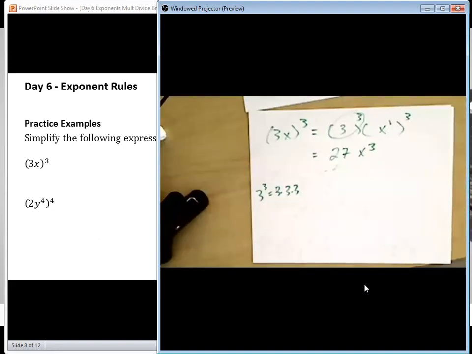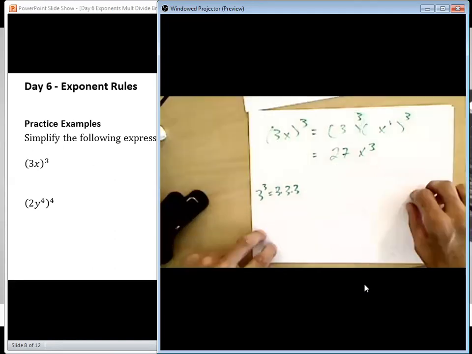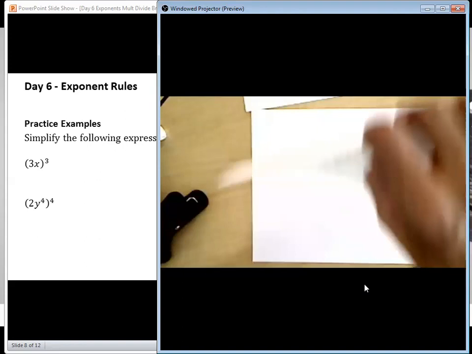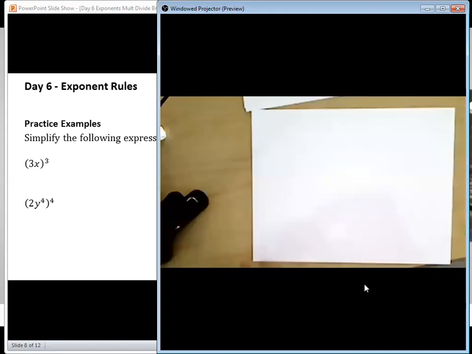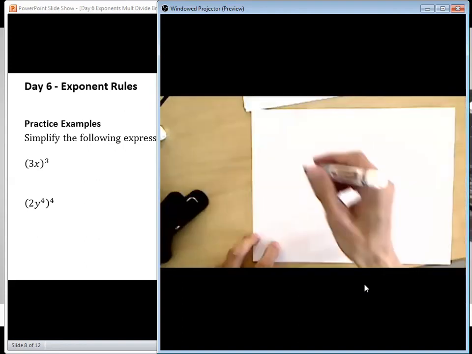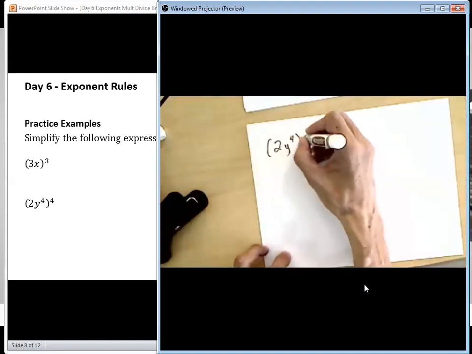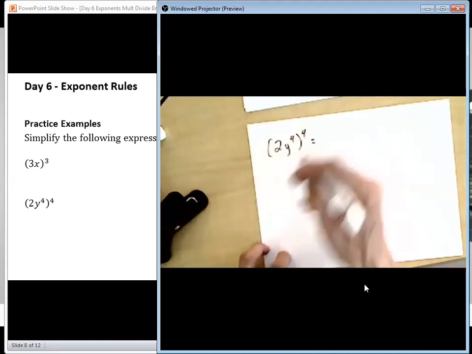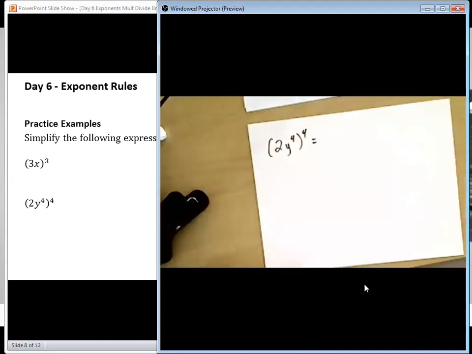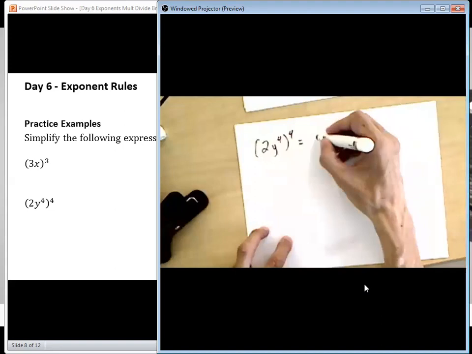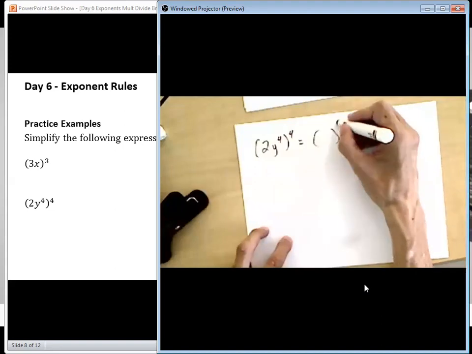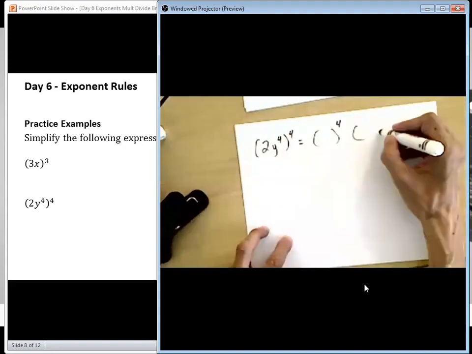It's the same style, same situation. What's the next one going to be? Fours all over the place. Yeah, I think it will be a 16 there. There's 4 on the outside. Right?